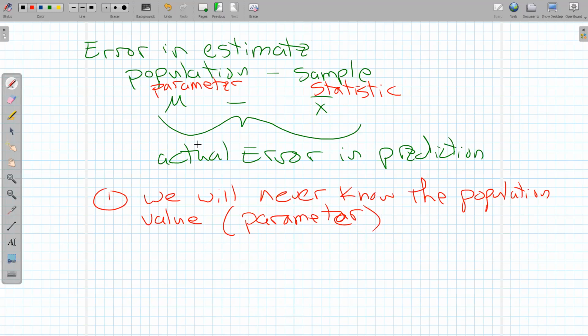So one, I never know what mu is. I'm trying to estimate it. I know I'm probably not right. There's some kind of error in there, and I hope the error is not too big. And that's the other thing here. If I don't know the actual population value, then I can't actually know the error either. We don't know the actual error.